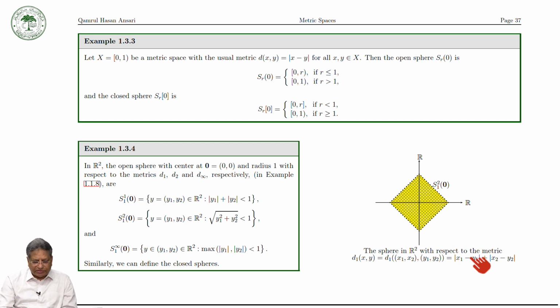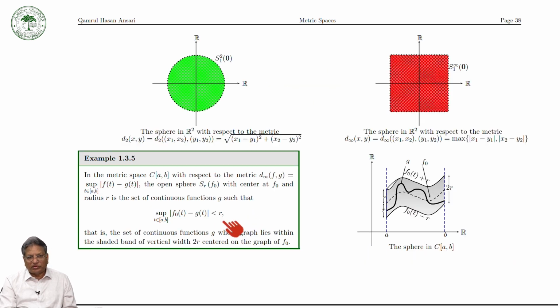Similarly, if you are considering this one, this is the open ball with center at origin and radius 1 with respect to the usual metric. With respect to the usual metric, it is like a disk.